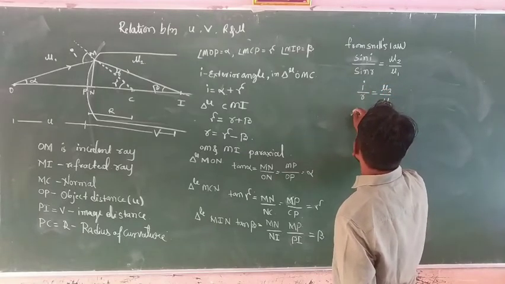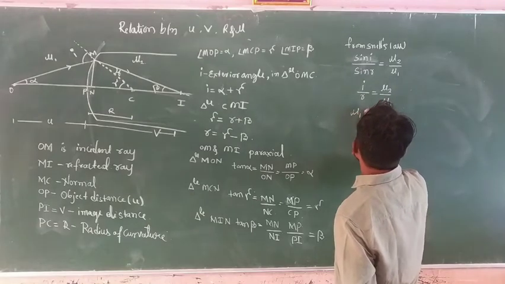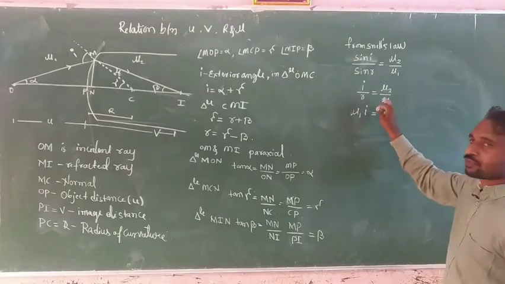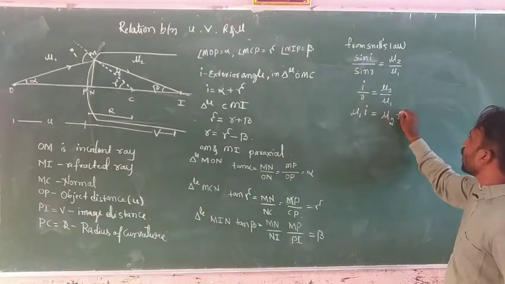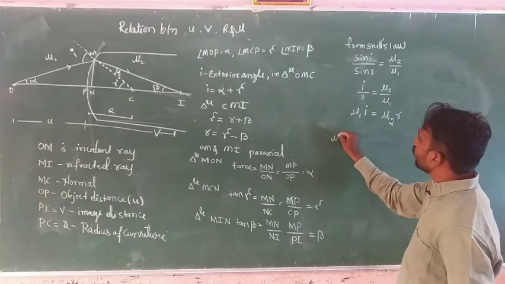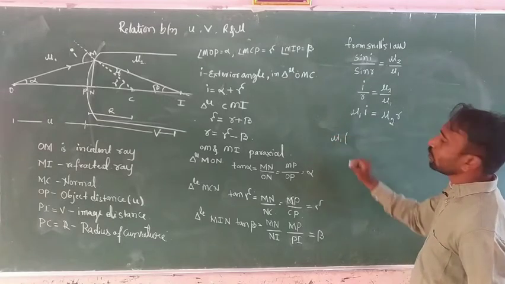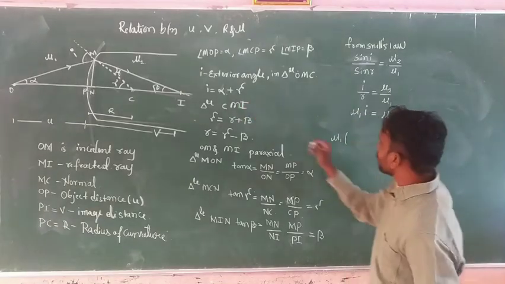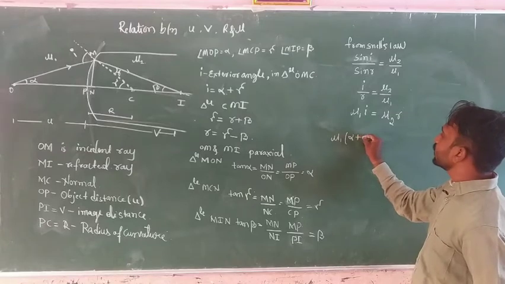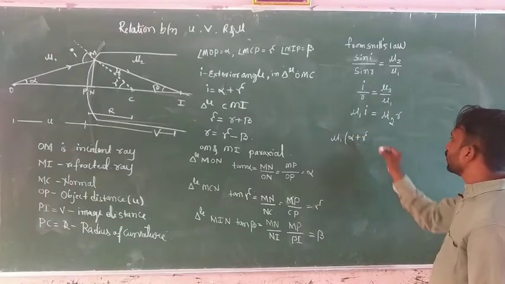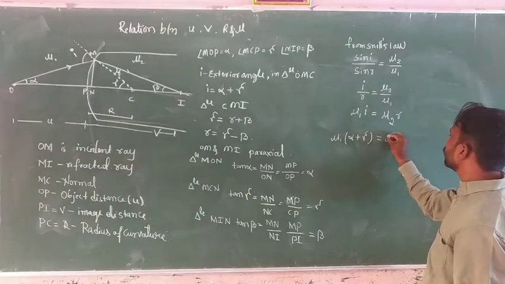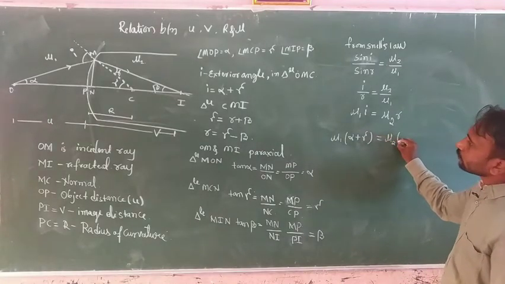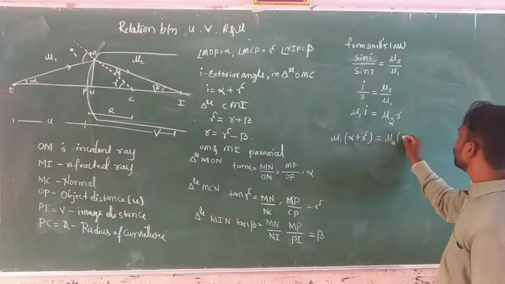Cross multiplication: mu1 into I is equal to mu2 into R. Mu1 is the refractive index of the first medium, the rarer medium, and I is the angle of incidence, alpha plus gamma. Mu2 is the refractive index of the second medium, the glass medium, and R is gamma minus beta.